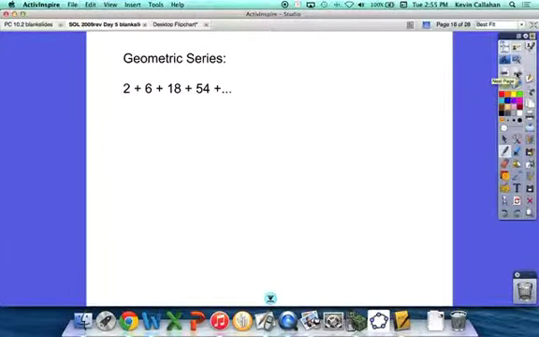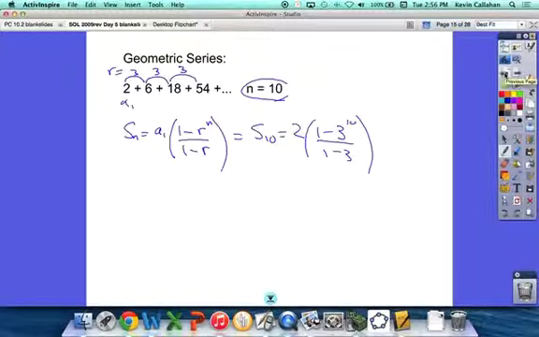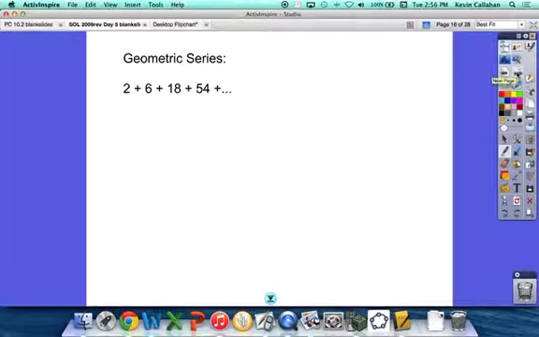Okay. Now, what's the difference between that problem and this problem? Which means what kind of a series is it? Good, so infinite.